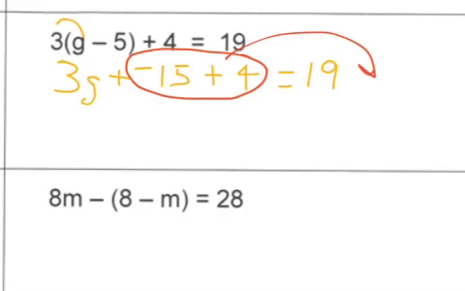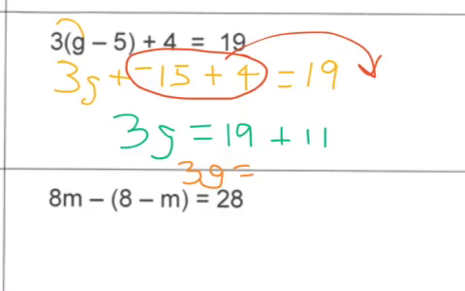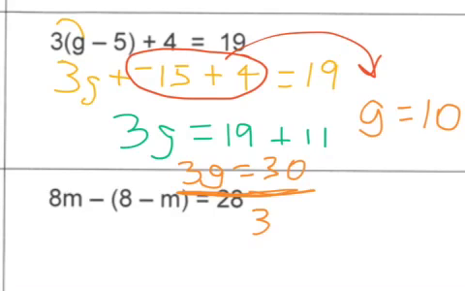So a negative 11 will transfer over here, becoming a positive 11. So my next step would be 3g equal 19 plus 11. And of course that gives me 3g equal 30. Need to divide both sides by 3 to get the g all by itself. That would give me g is 10, positive 10.